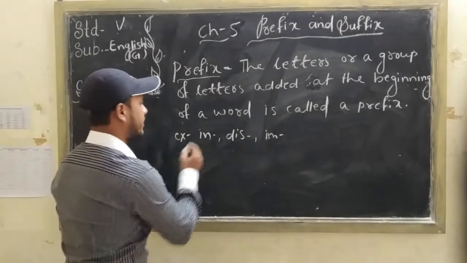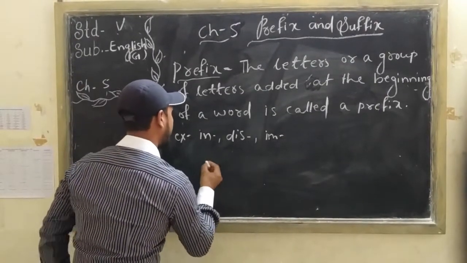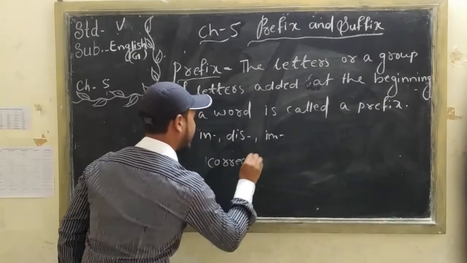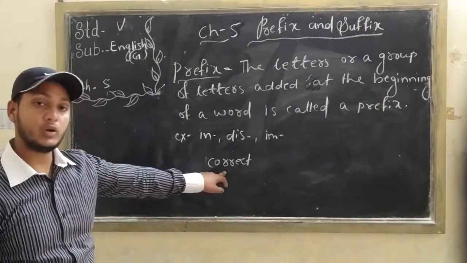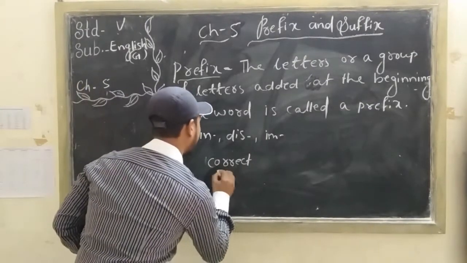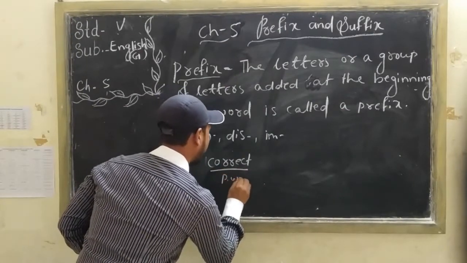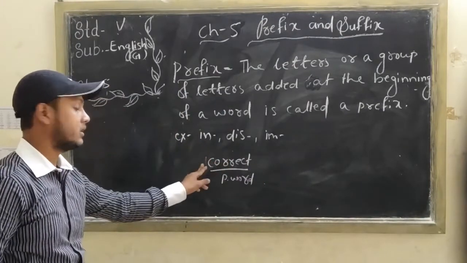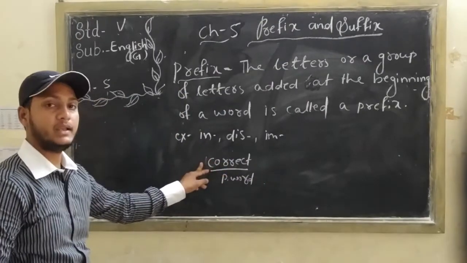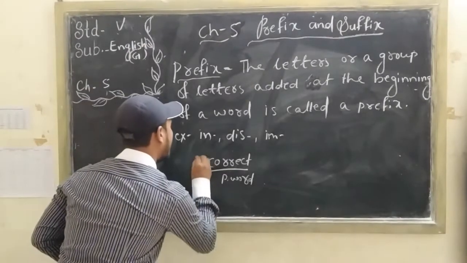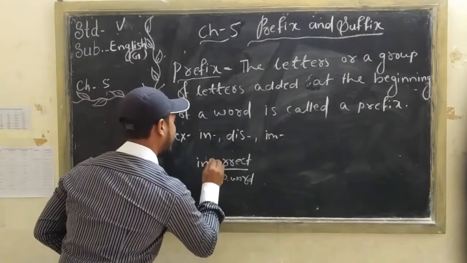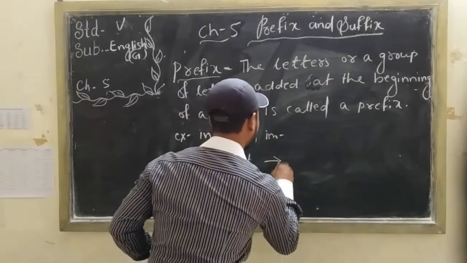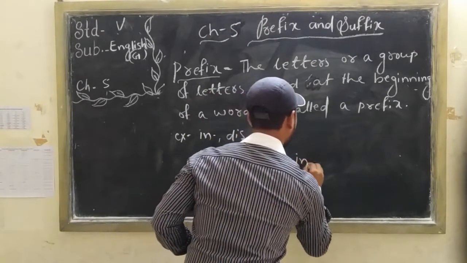Let it be correct. It is your primary word. We will add in at the beginning of this word to make a new word. So what does it become? Correct becomes incorrect. It forms a new word, that is incorrect.